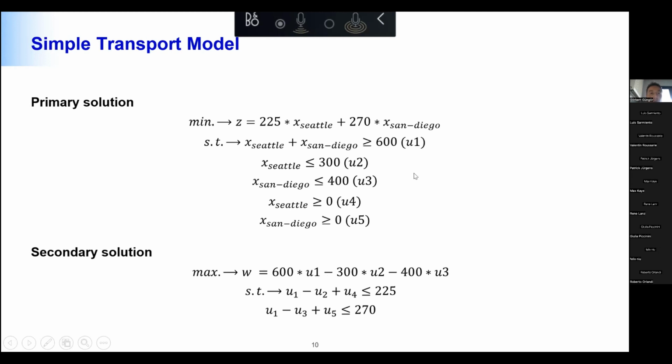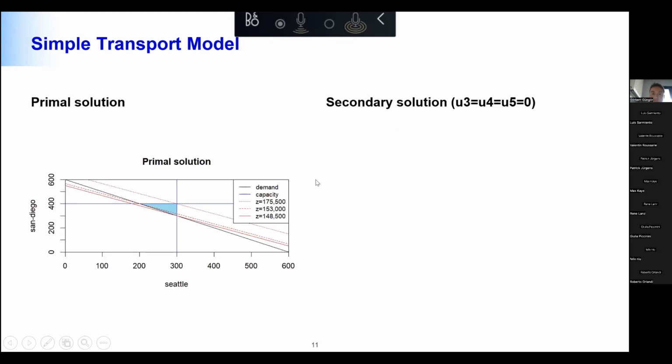And these are our equations, which we will solve graphically. Our objective function, Z, is the cost of transport from Seattle to New York, which is $225, times the activity, plus the cost of transport from San Diego to New York, which is $270, times the activity of transport from San Diego to New York.